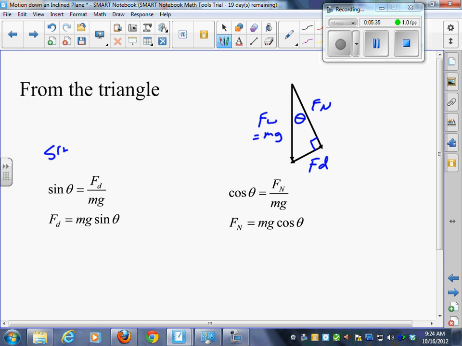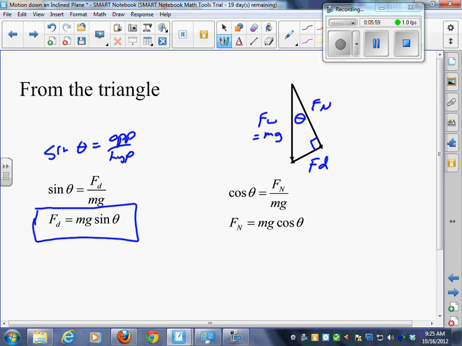In fact, I probably should have above here opposite over hypotenuse, right? So in other words, what you get is that the Fd is mg sine theta, and I put a box around it because that is a formula. Will it always be sine?